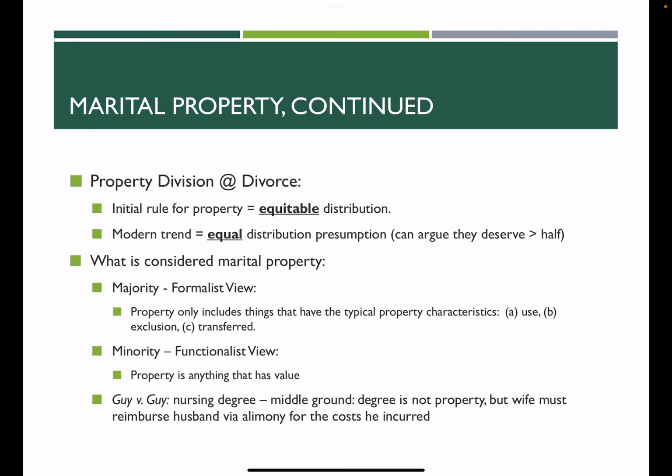We start off with a 50-50 presumption, and then we give 50-50 to each person, and then we allow the other person to argue for why they should get more. So in the divorce case, we looked at Guy v. Guy, and in this particular case, there was an educational degree, and the main question was whether that was part of the marital estate.